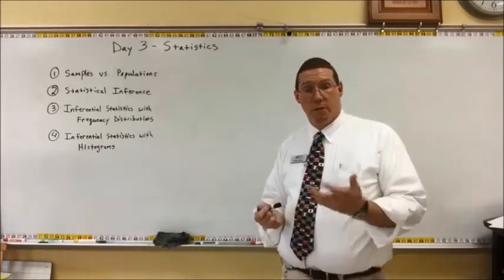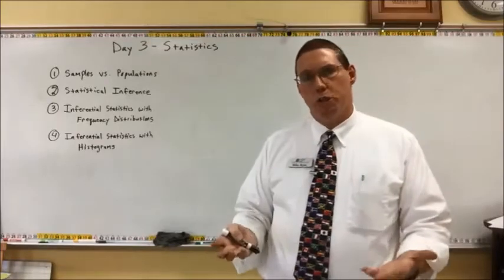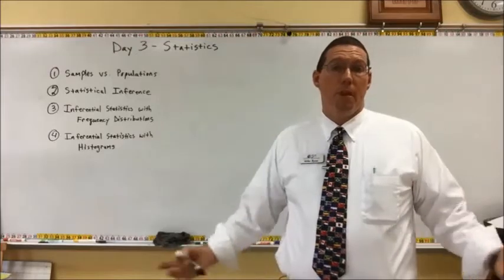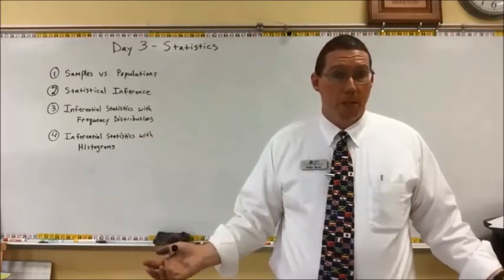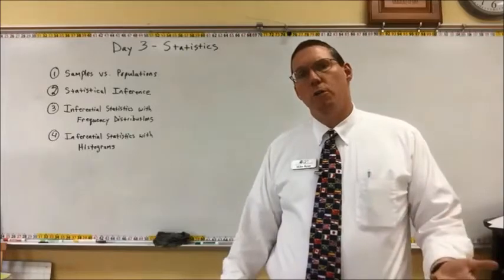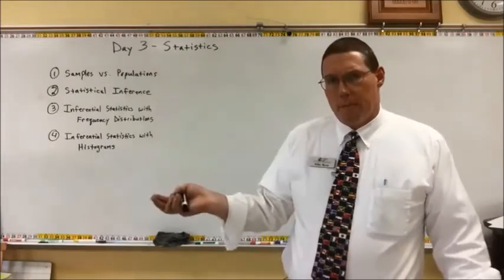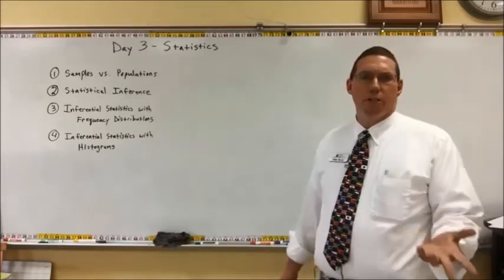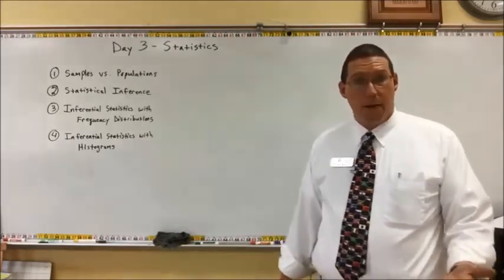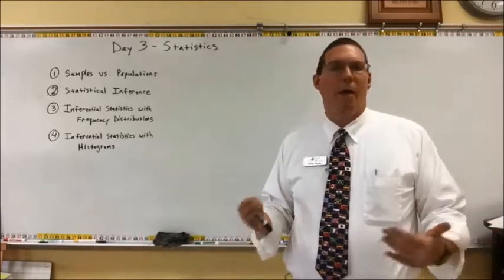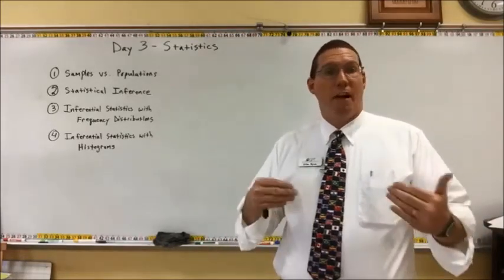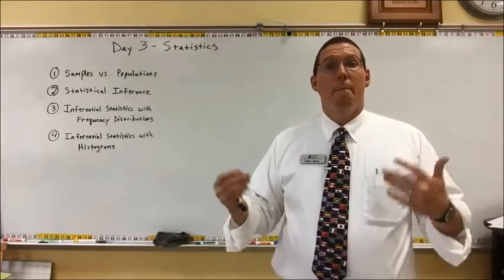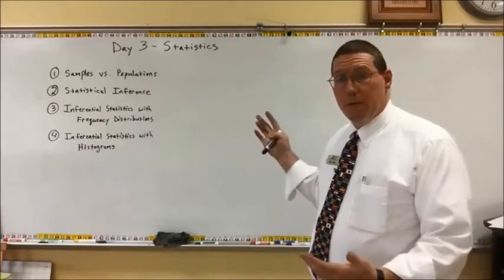So what we try to do in statistics is we try to draw conclusions about whole groups of things. For example, in the United States, there are about 300 million people, and we want to draw a conclusion about all of the people in the United States. So let's say we want to understand the heights of all the people in the United States. If we wanted to understand how many of the people were between 5'7" and 5'11", we could measure all 300 million people.